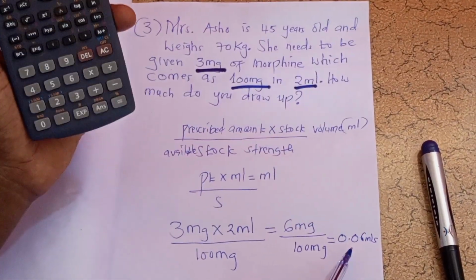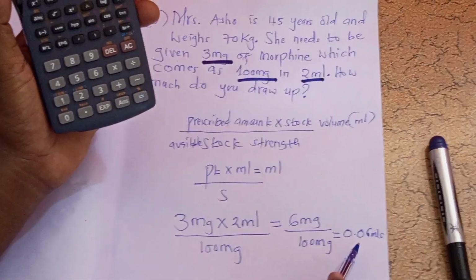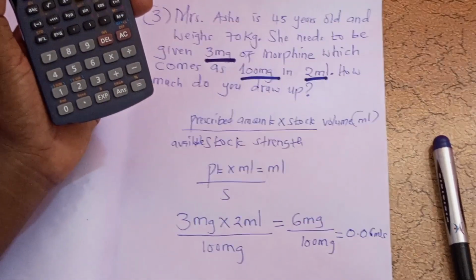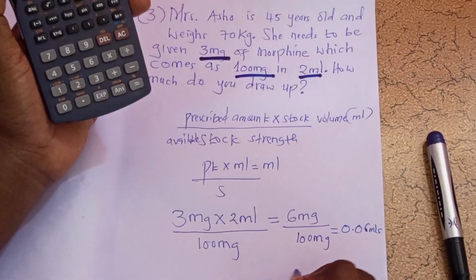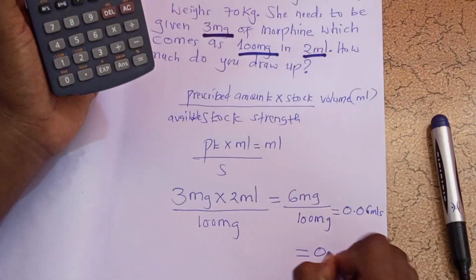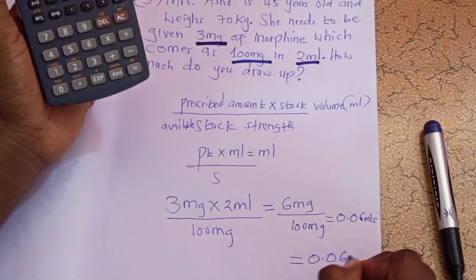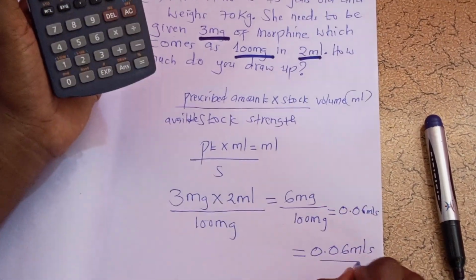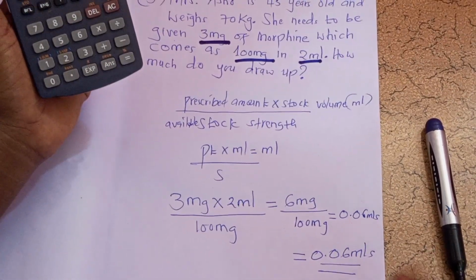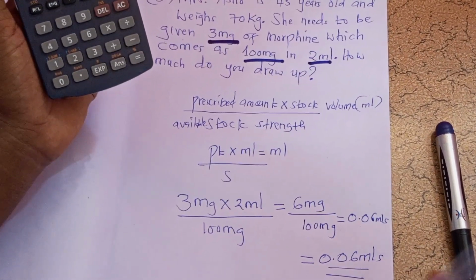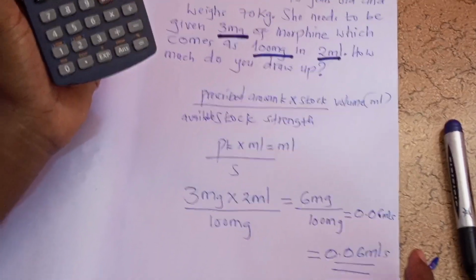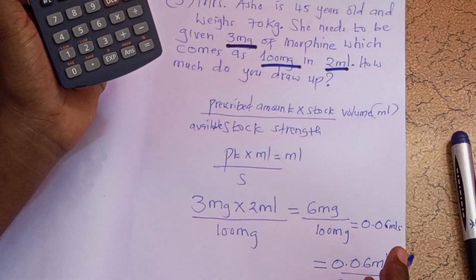So this is the final volume which we are supposed to draw up to administer to the patient. This is how we calculate volumes for drug injections.